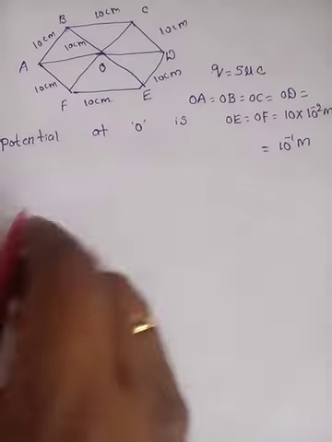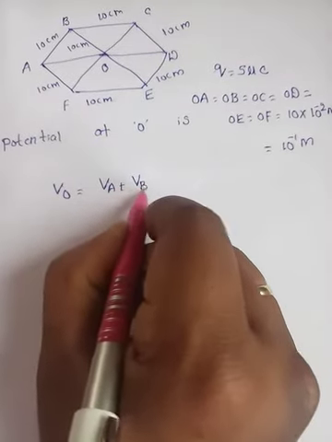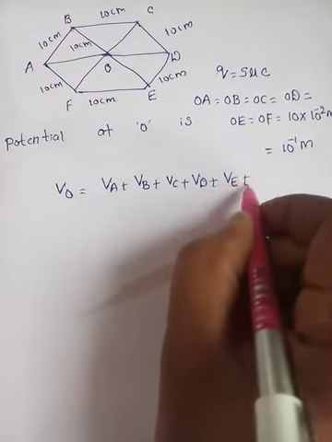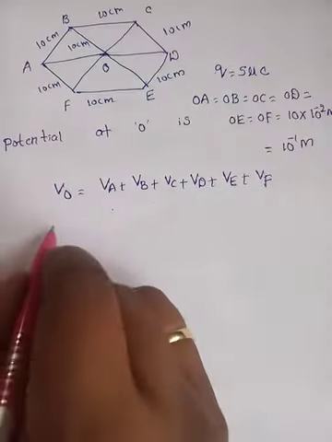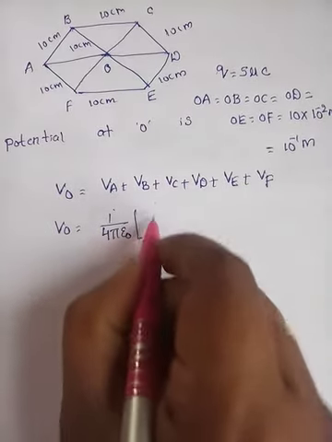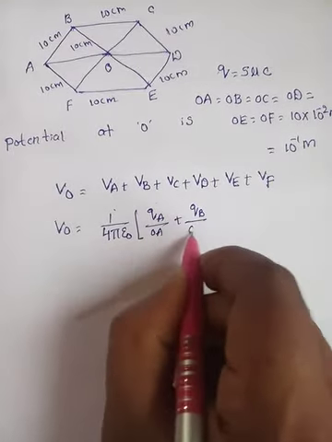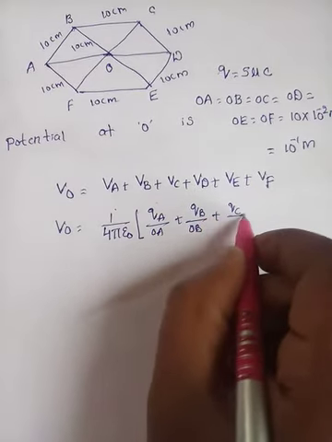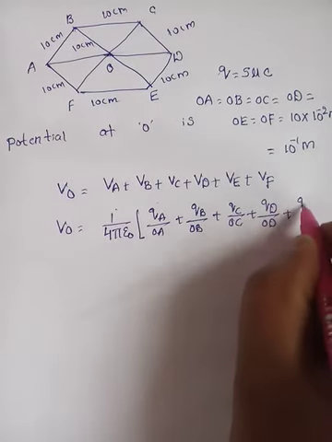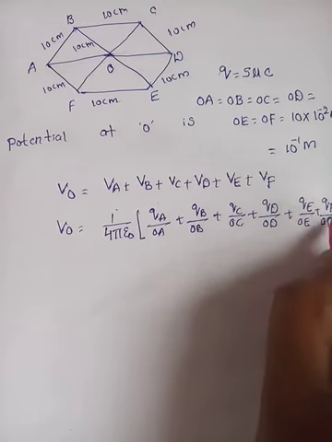Now, what is the potential at O? VO is equal to VA plus VB plus VC plus VD plus VE plus VF. So potential due to all charges is equal to 1 by 4 pi epsilon naught common, QA by OA, QB by OB, QC by OC, QD by OD, QE by OE plus QF by OF.